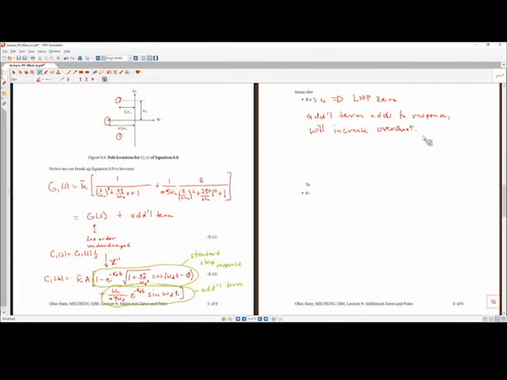Okay, so we're adding a sine wave at the same frequency, and so at least one of the things it's going to do, well, multiple things, is increase the overshoot.